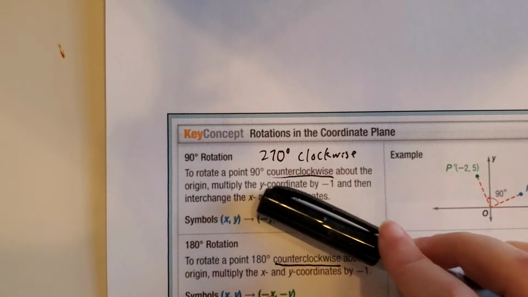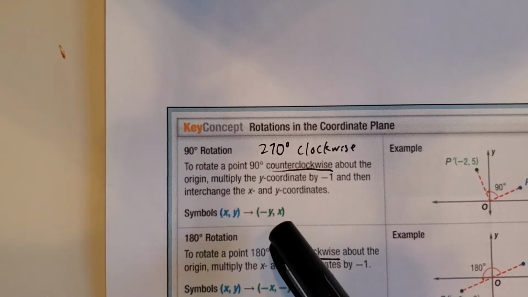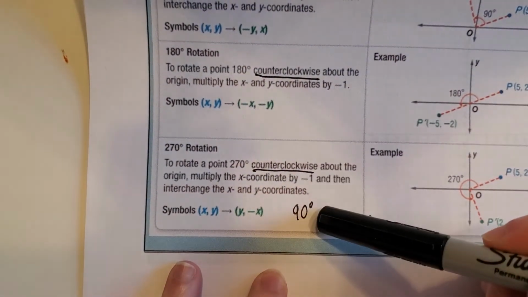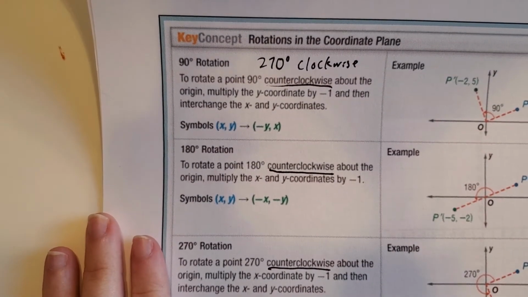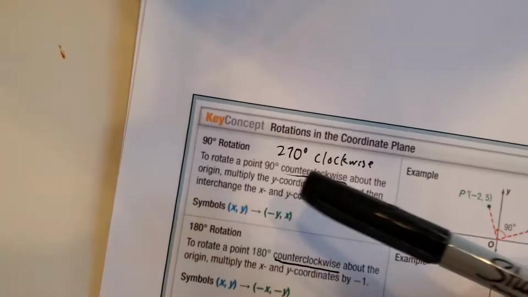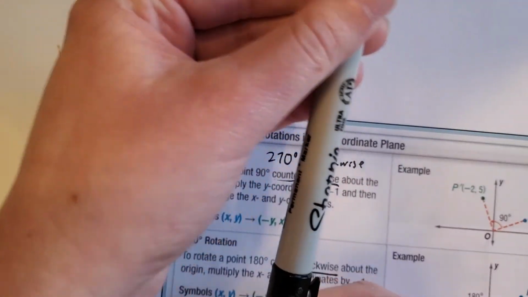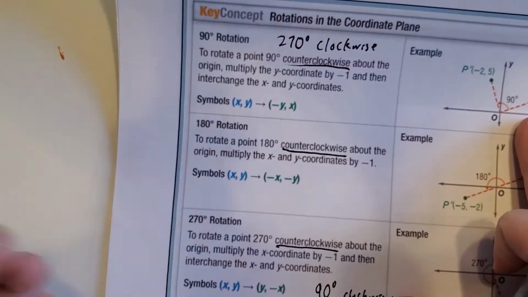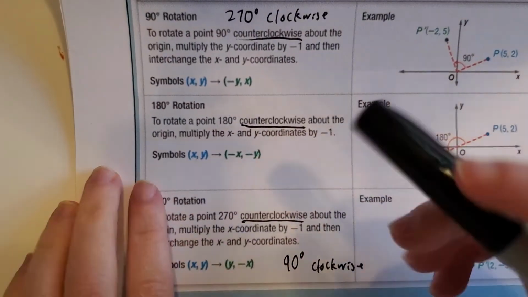So these phrases are interchangeable for this rule, and these phrases are interchangeable for this rule. And 180 counterclockwise versus 180 clockwise puts you in exactly the same place. So 180 is 180 no matter what.